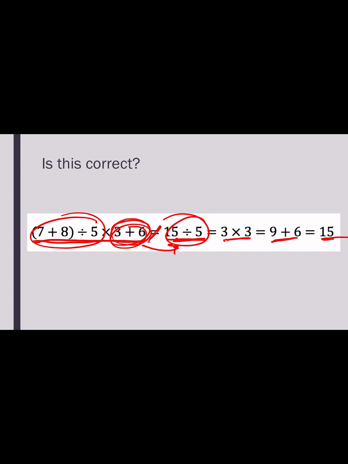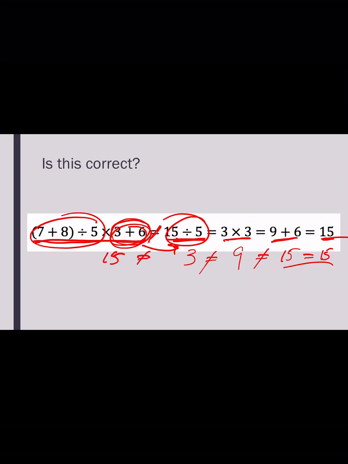We can tell that right up front for just the first two parts of the equation string. Okay, 15 divided by 5 is equal to 3, but 3 times 3 is equal to 9. 9 plus 6 is equal to 15. That is true right here, but this is not true, this is not true, and this right here is probably going to end up being 15 anyway, and that's not equal to 3.